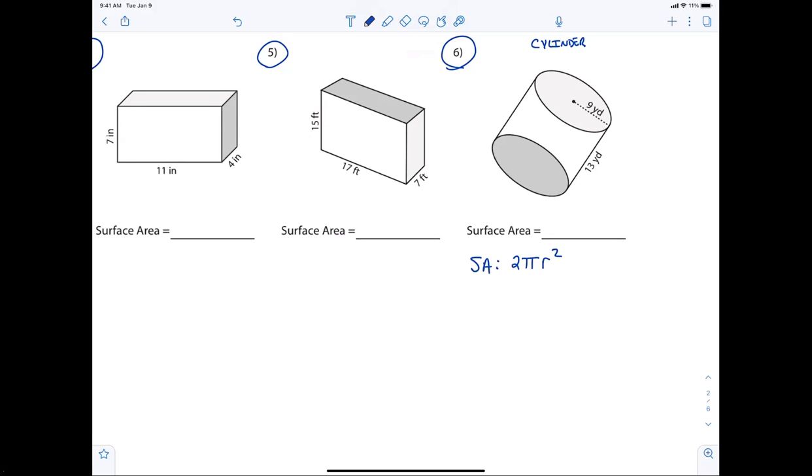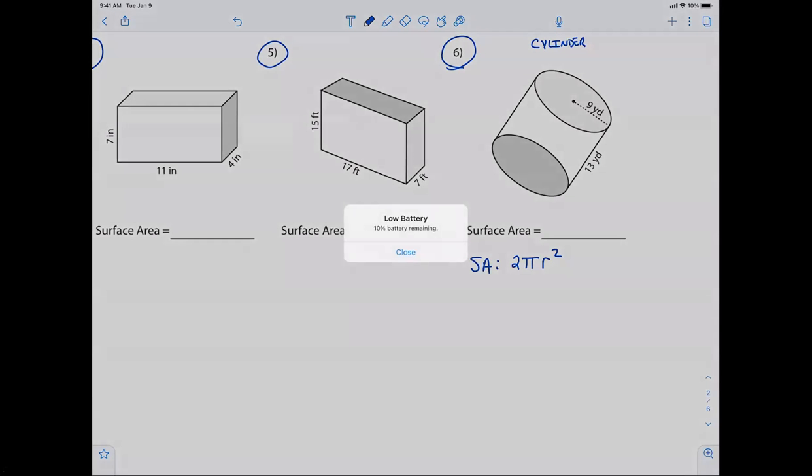Okay, so now let me make a quick little demonstration that will help you understand. Here's supposed to be my cylinder. What I'm going to do is cut my cylinder here. This up here is the circle. And when I cut it and open it, it just makes a rectangle.